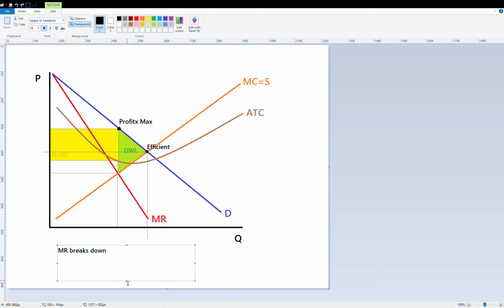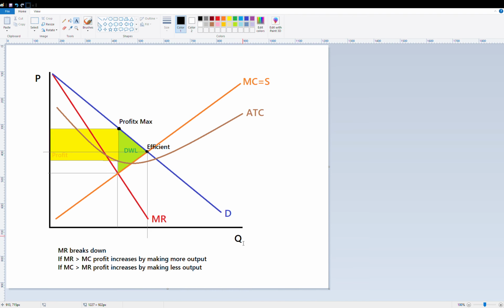Okay, another thing: if the MR is greater than the MC, profit increases by making more output, like more of whatever they make. If MC is greater than MR, profit increases by making less output. Okay, so that is basically what that is.